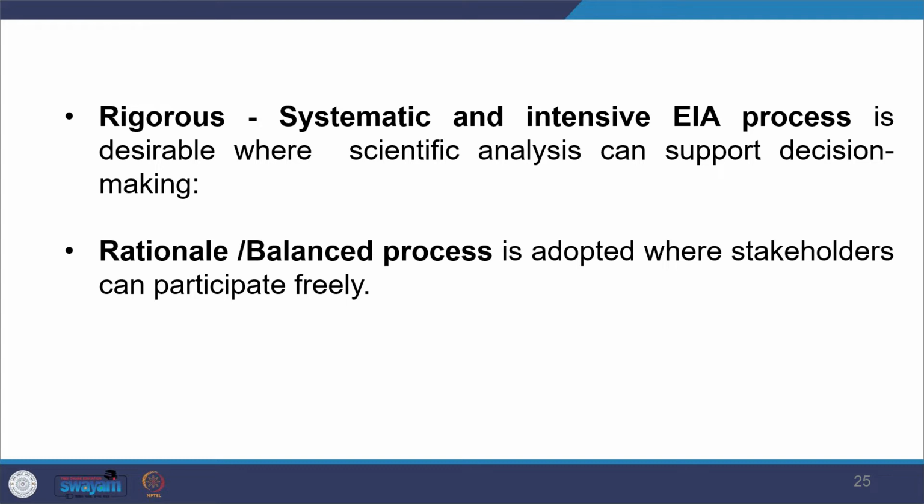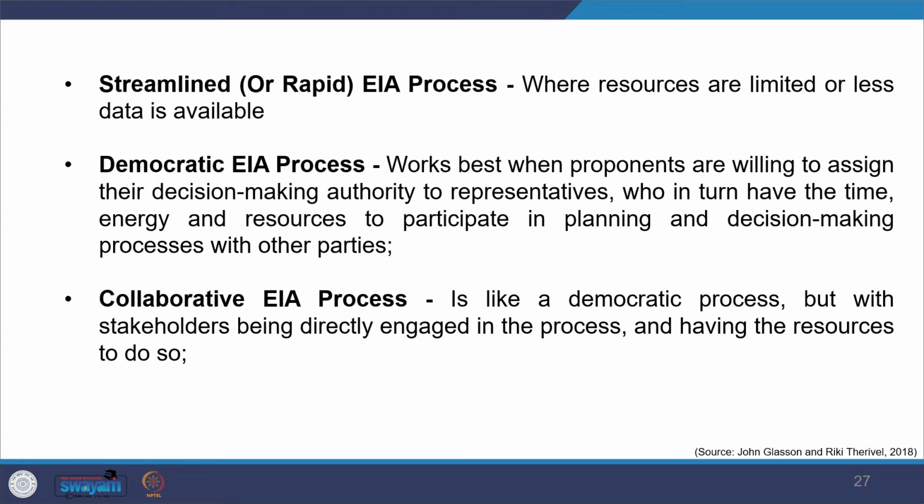You can also have a rational, balanced process, where stakeholders participate freely, not under pressure or influence. Then you can have a streamlined or rapid approach, where resources are limited and less data is available, so you cannot undertake a scientific approach and have a rapid or streamlined assessment.